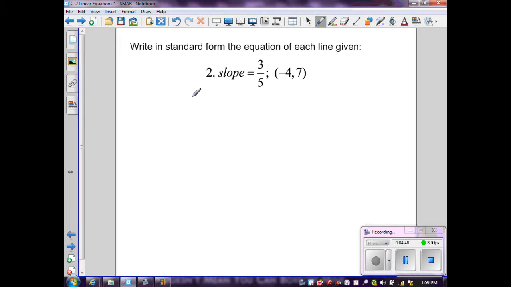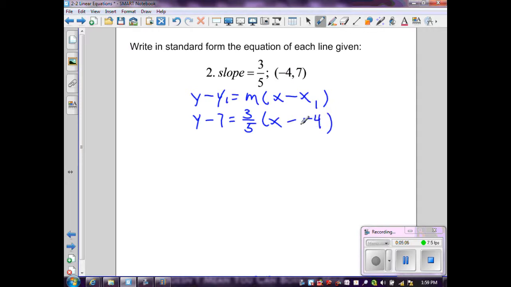We know our point-slope formula is y minus y1 equals m times x minus x1. Substituting in, y minus y1 is y minus 7, m is 3/5, x minus x sub 1 is x minus -4. Watch the signs with the double negative.